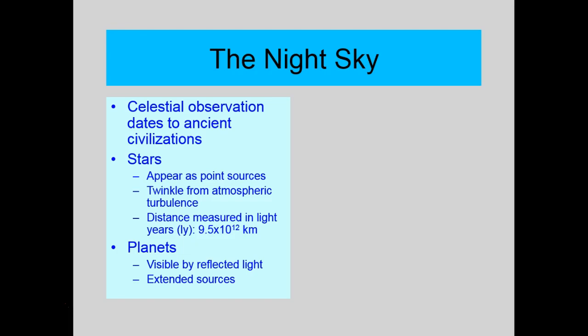Celestial observation dates back to ancient civilizations. Now, you might think that because we are more technologically advanced in everything, that we're much smarter than all those folks were, right? Guess what? They knew more about the night sky than we ever will. Now, maybe a few people know a lot about it, but guess what?